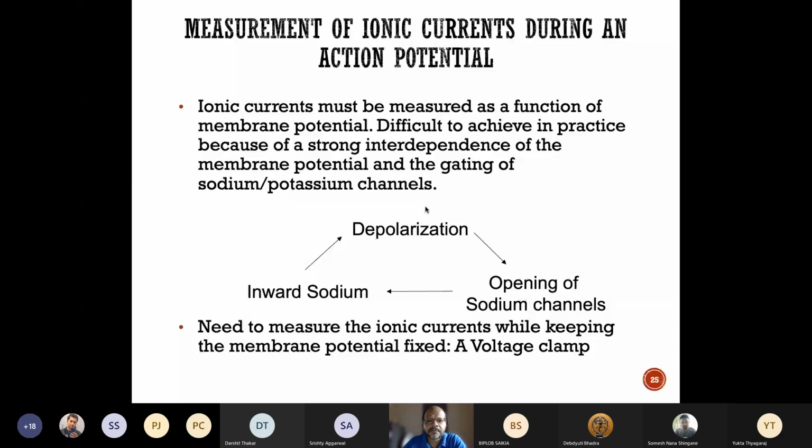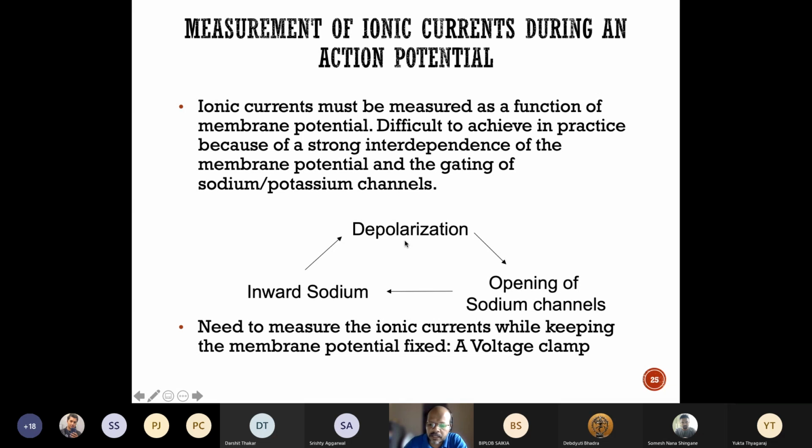In this case, in an active case, things are very complicated because as soon as I depolarize the membrane, it's going to open up a bunch of sodium channels. Okay, this will increase the conductance of sodium, but because of that, more sodium will come in and it's going to cause more depolarization.